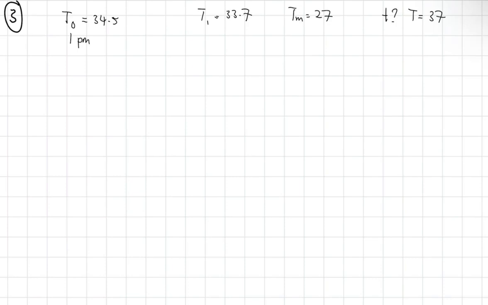First, let us write down Newton's law of cooling. Newton's law of cooling says that T equals Tm plus A exponent minus Kt. You can also write it in another order, as long as you get the correct equation.